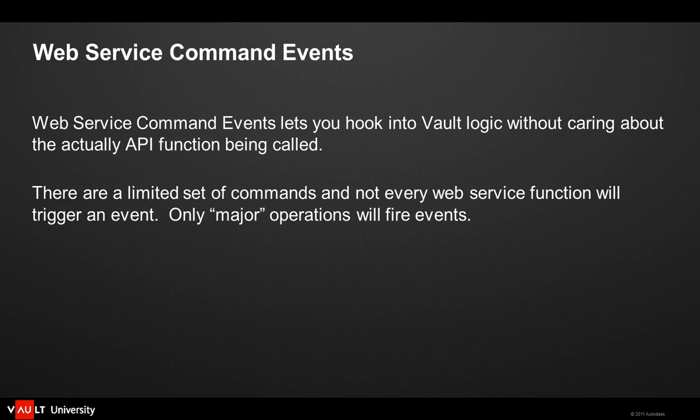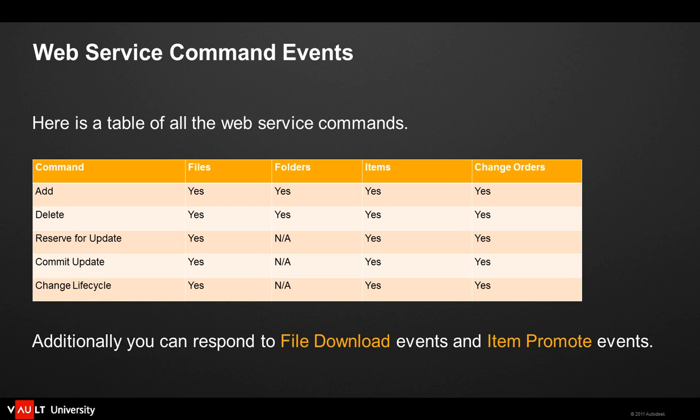But if it's something like get folder by name, there's no event hook for that. So we've done it based on need. And in the future, we can certainly add more hooks as people have need for more stuff, and feedback is appreciated. But that's the idea: we took the major operations and we put hooks on those.